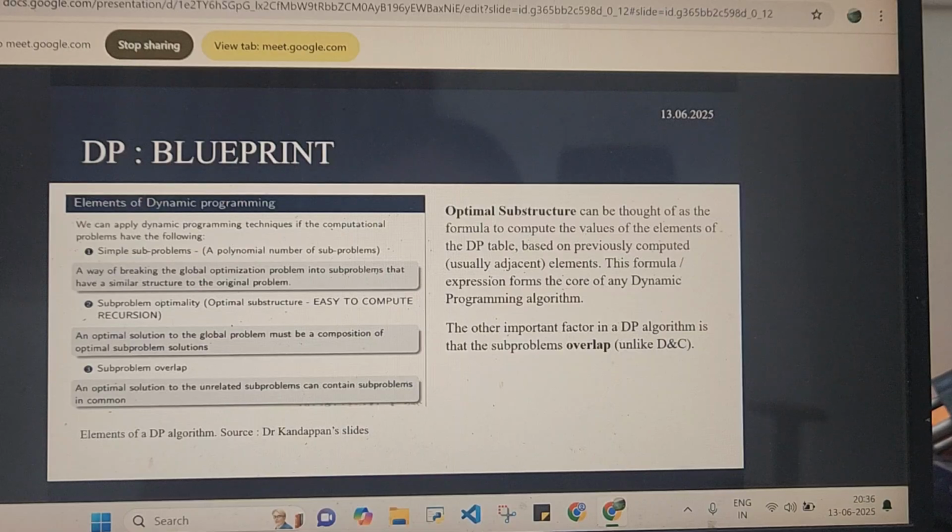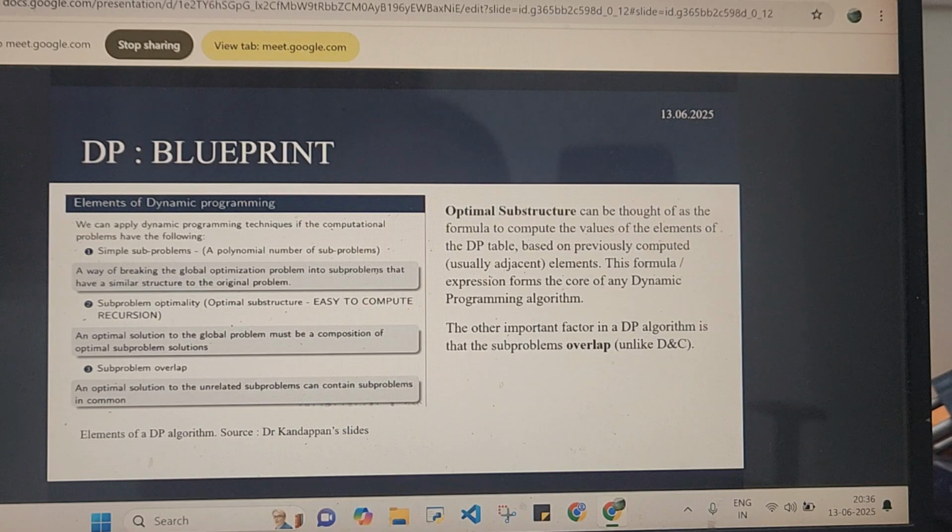Those are: 1, simple subproblems, and by simple you mean you break it down into a polynomial number of subproblems. If there's a problem of size n, you break it down into n minus 1, n minus 2, and so on, or n by 2, n by 4, n by 8, and so on. It should not become exponential. And point number 3, subproblem overlap, we already discussed.